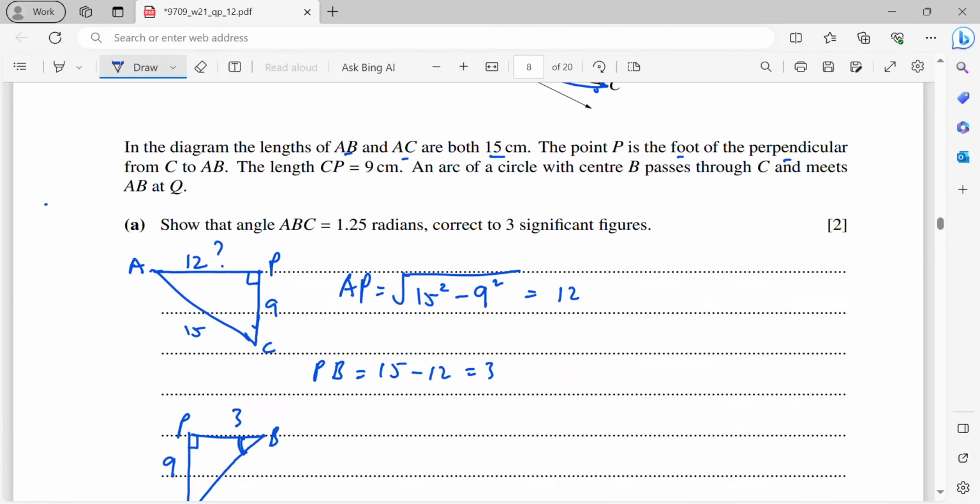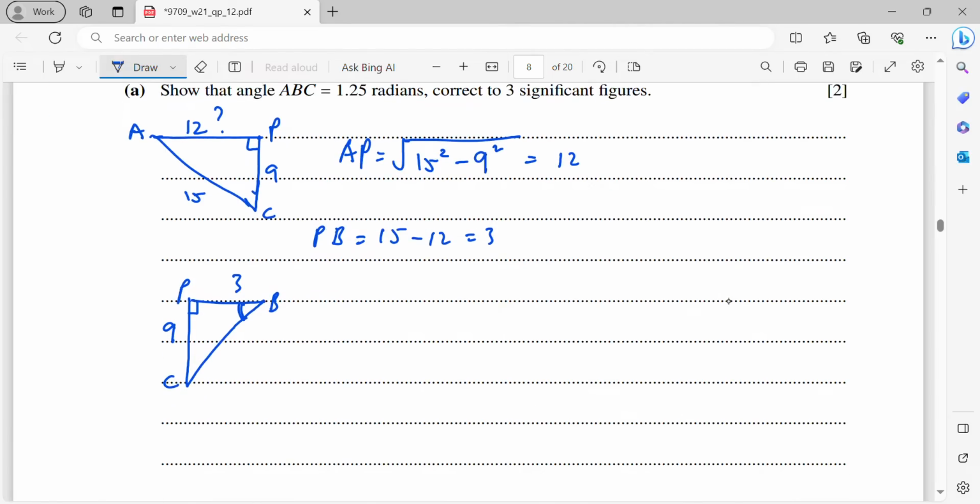So I find the angle PBC first. When you look at this triangle BPC, the side which is opposite to the angle is 9. Adjacent side is 3. That means tangent of angle PBC equals 9 over 3. Then this is going to be 3. So now my angle PBC is inverse tangent 3. In radians, it will be 1.249.